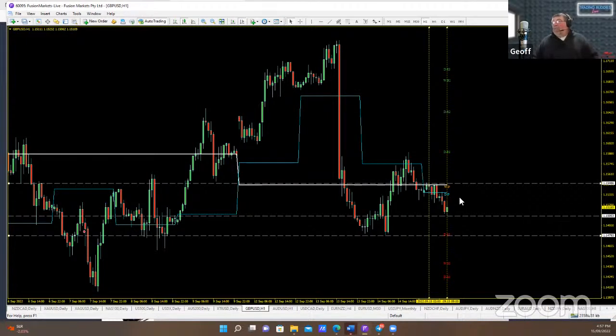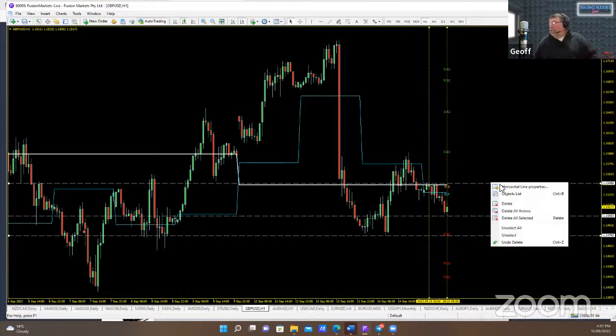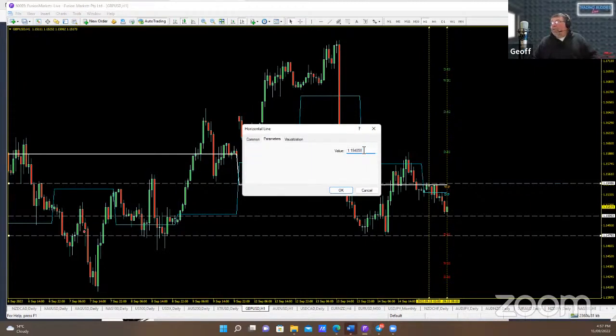And we need to find the midpoint. So the high of the range, which is in between the Tokyo Open and current bar, the high of that bar is 1.15479. Let's call that 1.1548, and I'll just make that 1.1548 so I know where we're going.